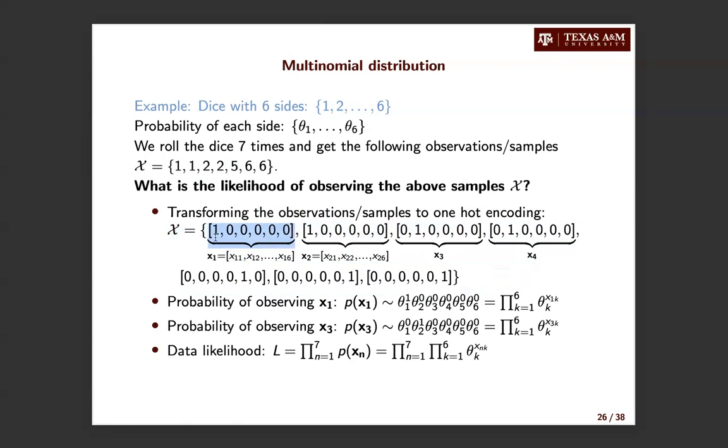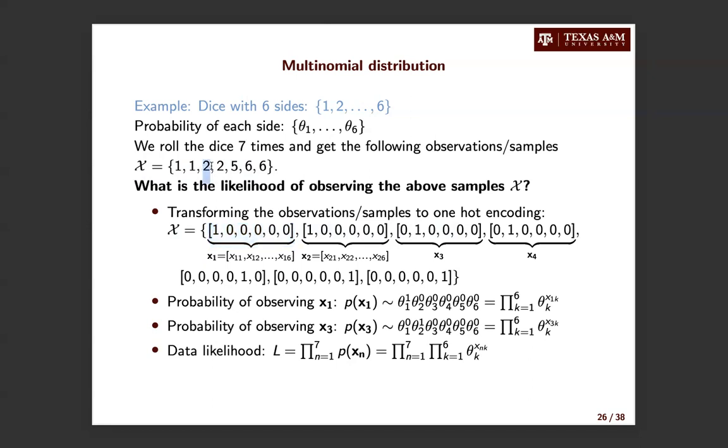This first element corresponds to observation 1, and this is a vector that has 6 elements. Each element corresponds to one side of the dice. In that case, the result of the dice was 1. That is why 1 is located in the first position of this vector, while the rest of the elements of this vector are equal to 0.